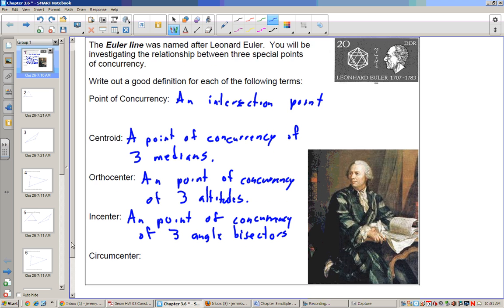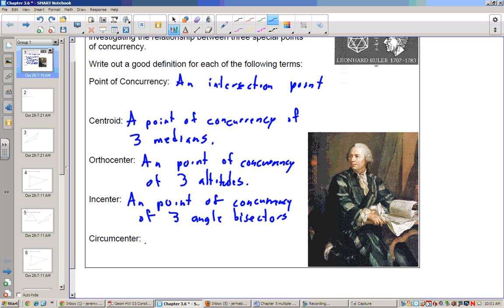Now lastly, our fourth center, the circumcenter, is a point of concurrency of three perpendicular bisectors.